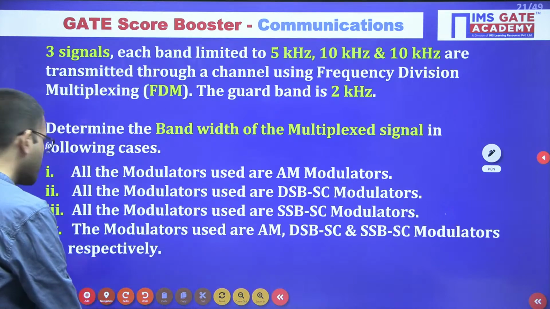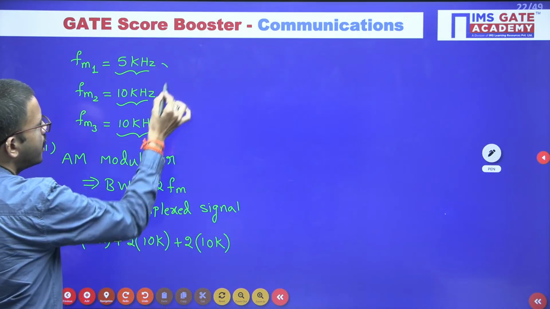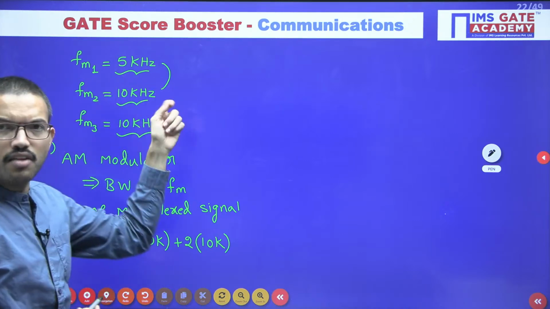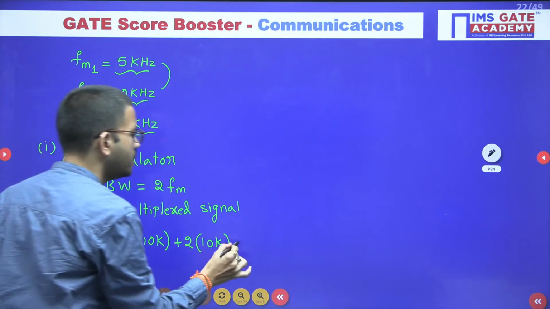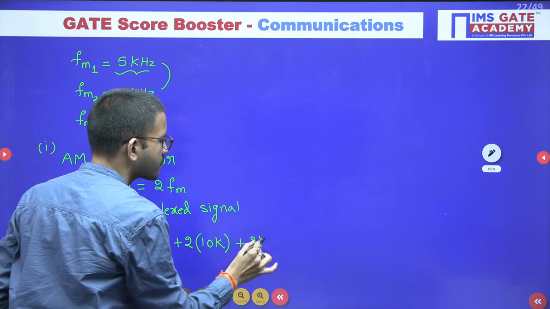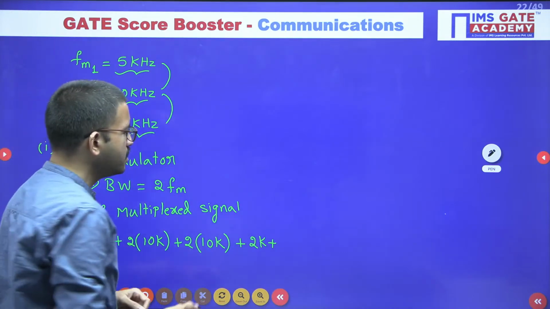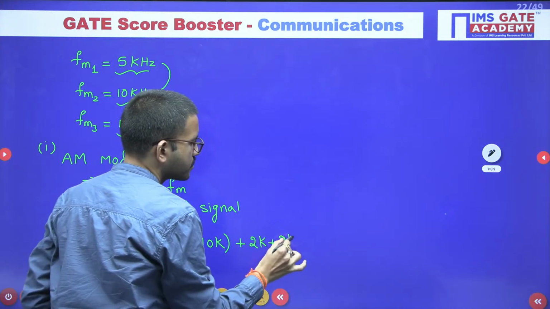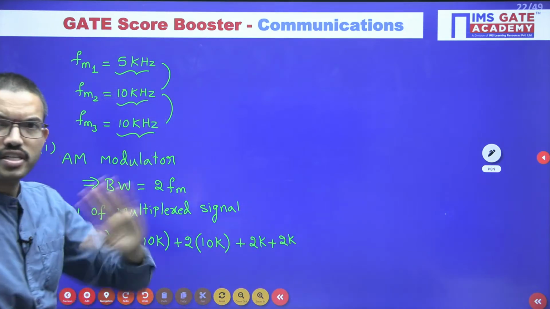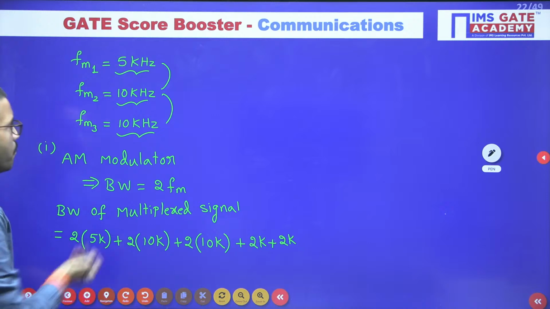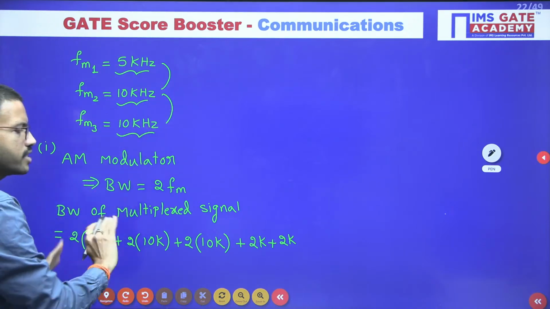So in order to separate the first and second signals, we have to use one guard band of 2 kHz. Similarly, to separate the second and third, we use a guard band of 2 kHz. After the third signal, it is not required.